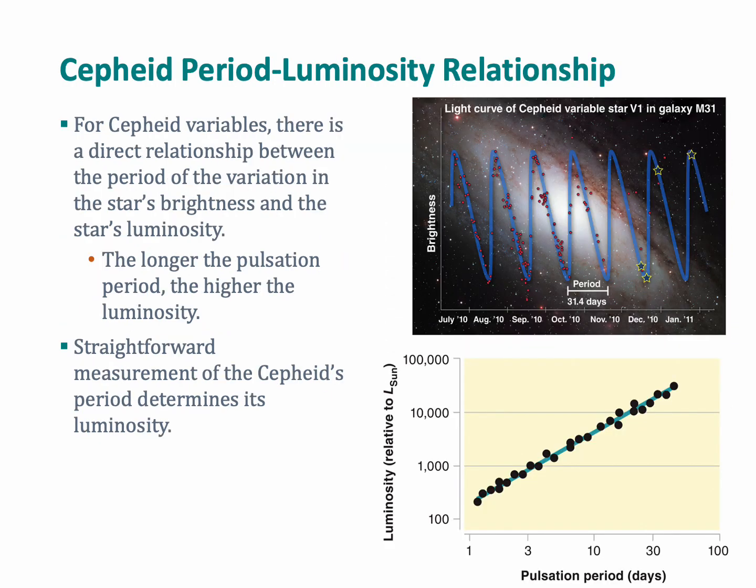So here we can see a graph of the brightness of a Cepheid variable star, and it's changing in a very regular way. You can see the actual data points, and the curve drawn through them. This happens for this particular Cepheid variable star over a period of about a month, or 31 days.